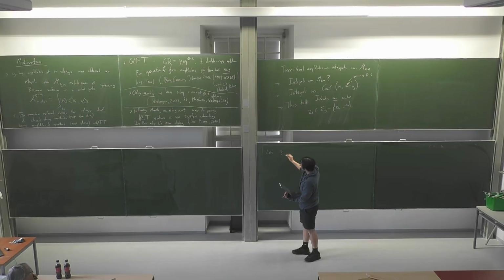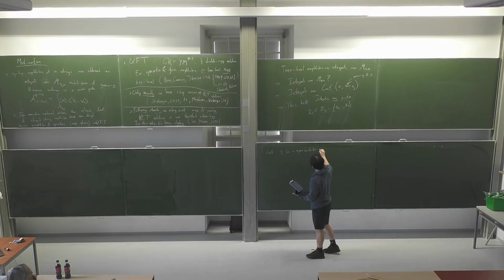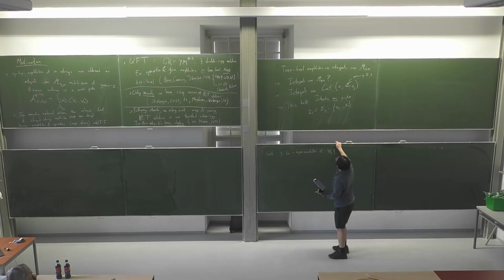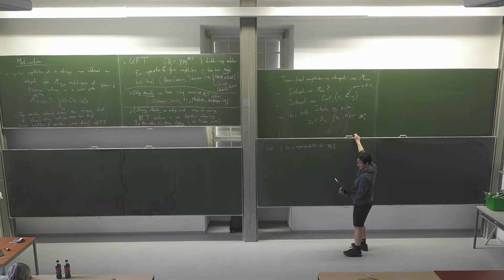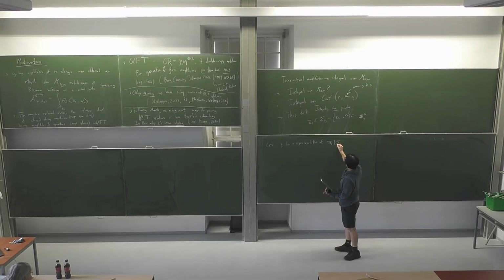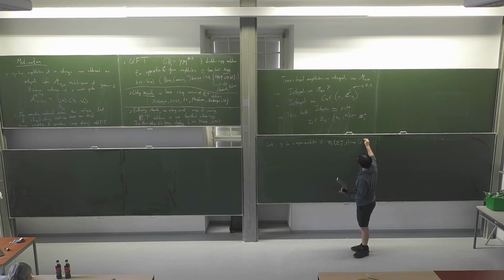So first, let rho be a representation of the fundamental group of this, call this Sigma_g star, into U(1).